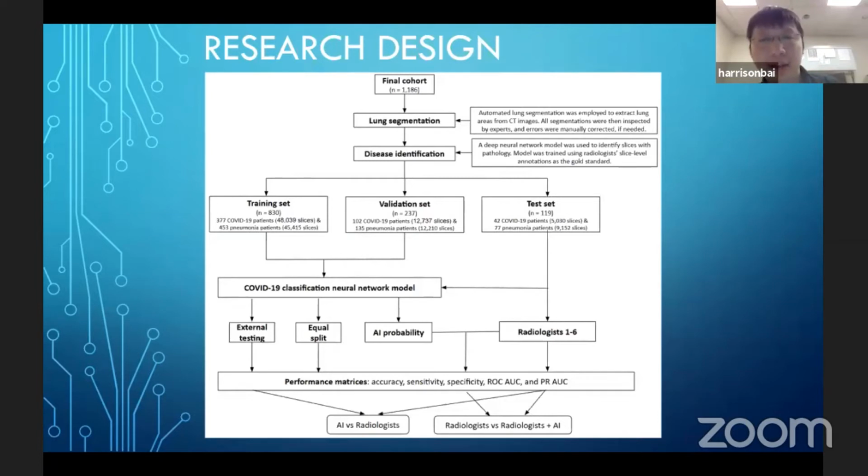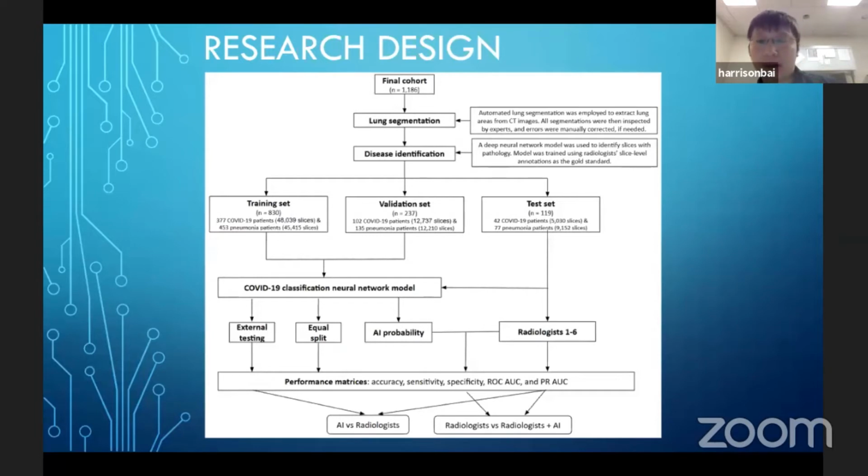And then we divided our final cohort into a training set, validation set, and test set in a standard ratio of 7:2:1 to build our COVID-19 classification neural network.